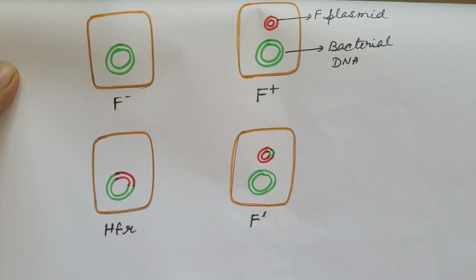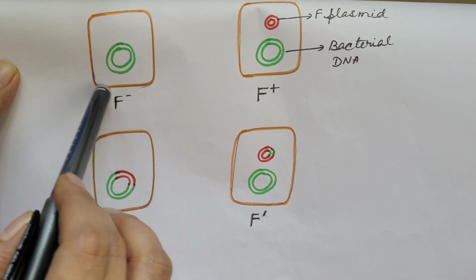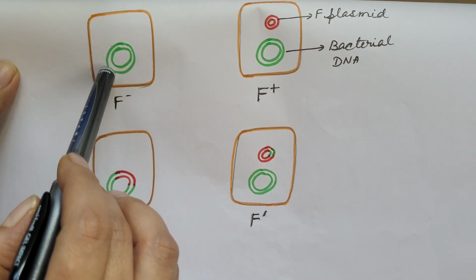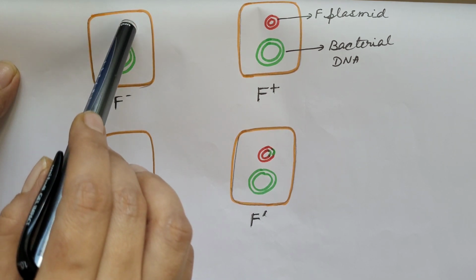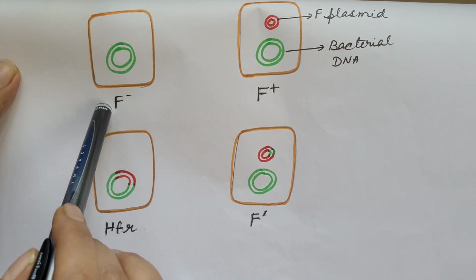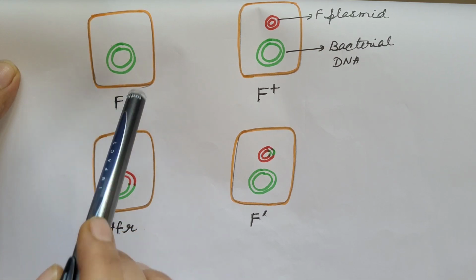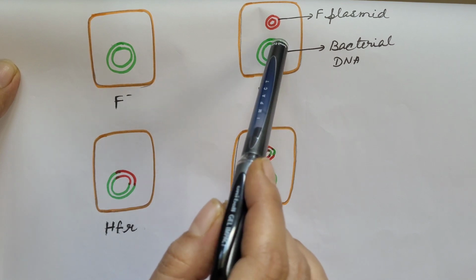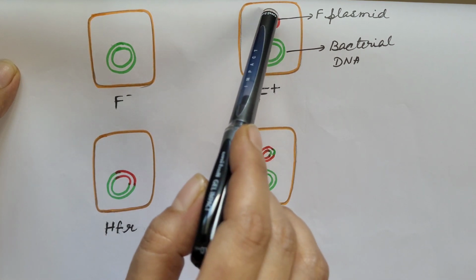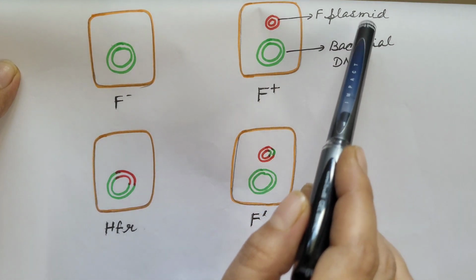Now let us see some of the bacterial cells on the basis of F plasmid. So this is a bacterial cell in which only bacterial DNA or bacterial chromosome is present, but F plasmid is not present. This type of bacterial cell is known as F minus cell, female or the recipient cell. In this, bacterial DNA is present and F plasmid is also present in autonomous state.